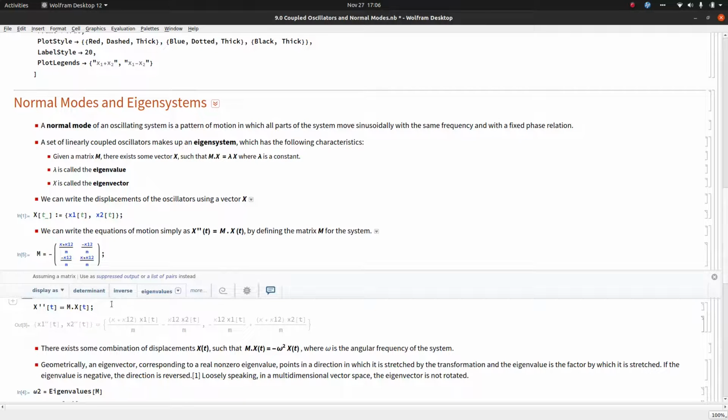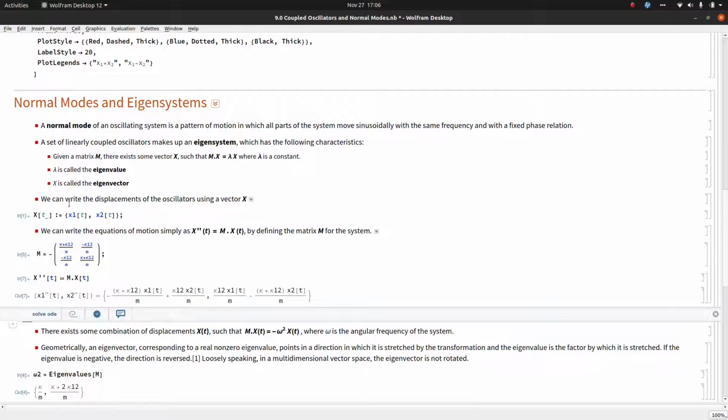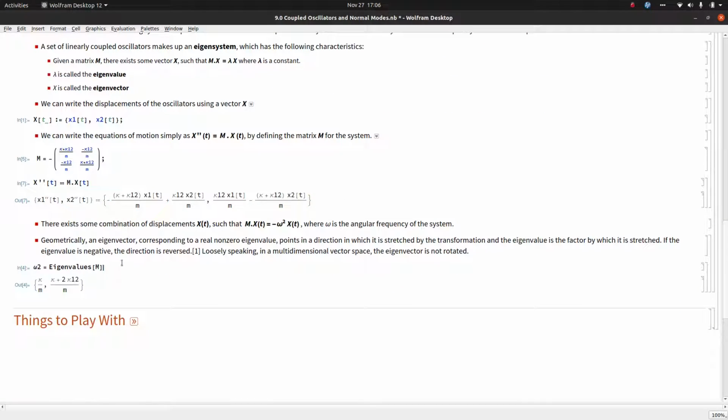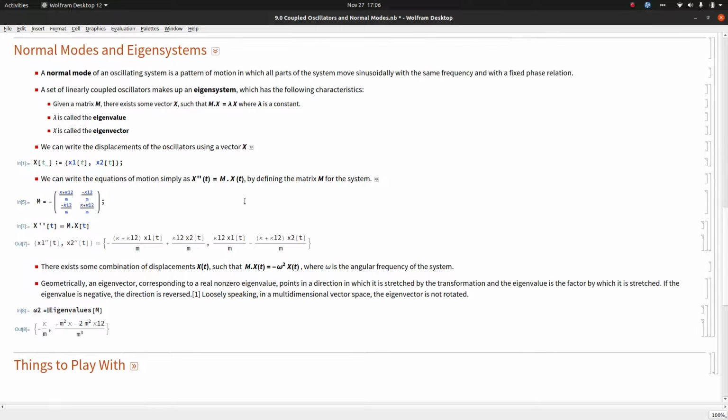That goes like this. Now my x equation looks more like it's supposed to. It's got that minus sign where it's supposed to be. If I evaluate this, I get the eigenvalues minus k over kappa over m. I've got this other minus sign, and we see that the matrix equation is minus omega squared.